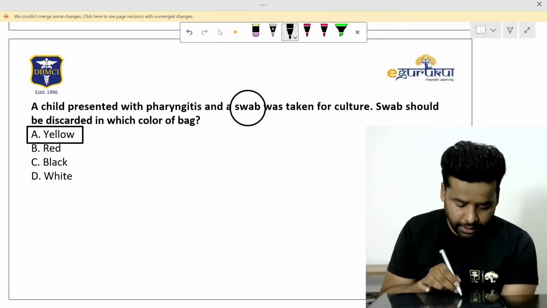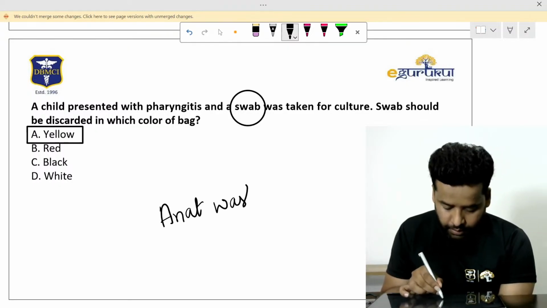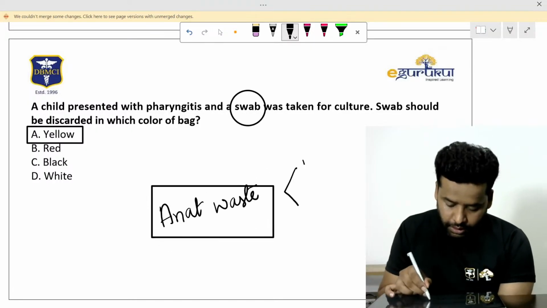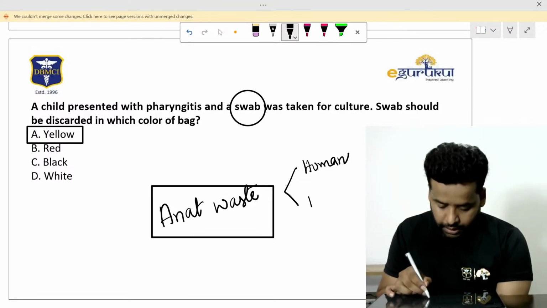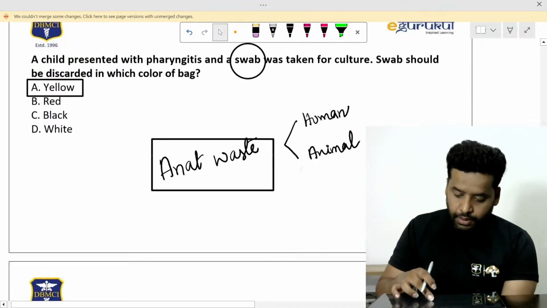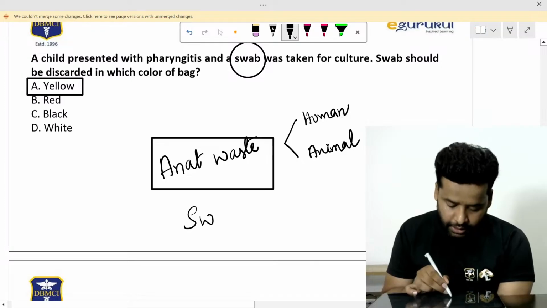There is not a big thing to recall in the exam. What they're asking is usually the anatomical waste. Generally, I'm telling the anatomical waste: human anatomical waste like fetus, dead, placenta, or animal anatomical waste. Then remember the infective fluids like swab which is contaminated.